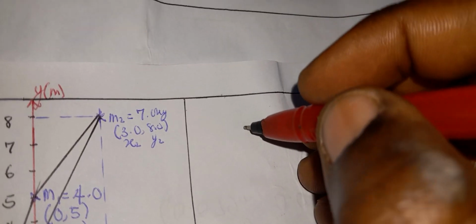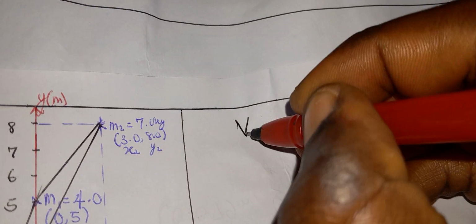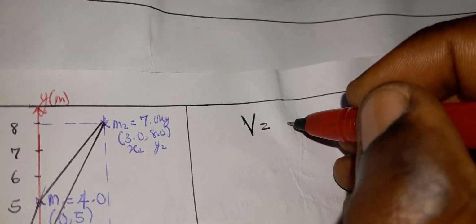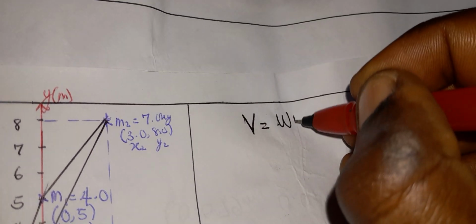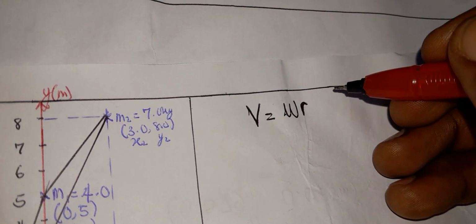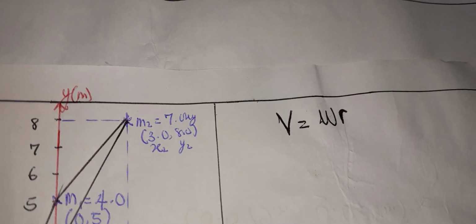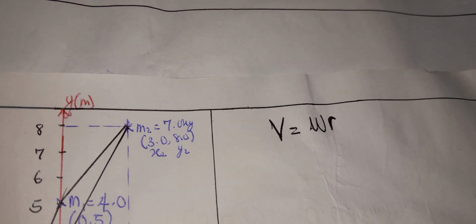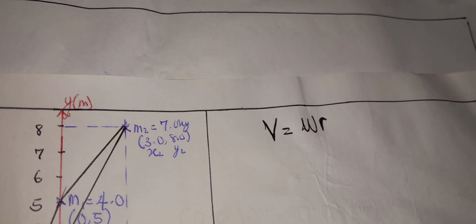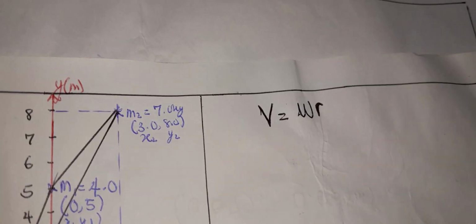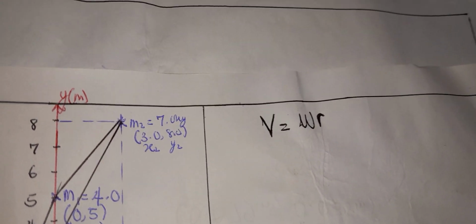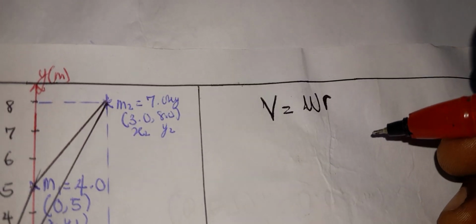We should know that v, which is velocity, equals angular speed times the radius, because this has to do with moving in a circular path. The radius has to be there because radius is related to a circle.